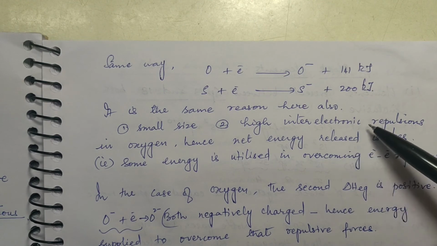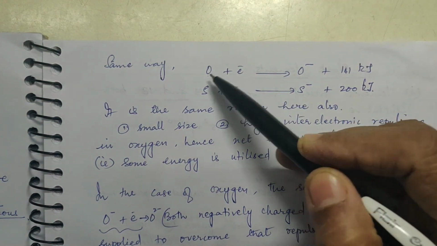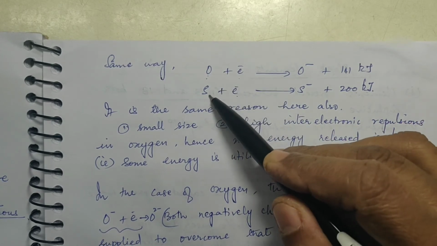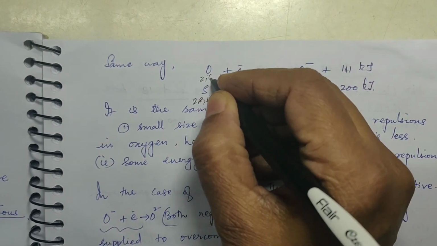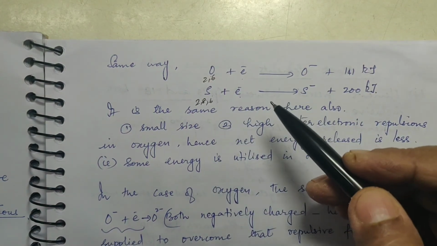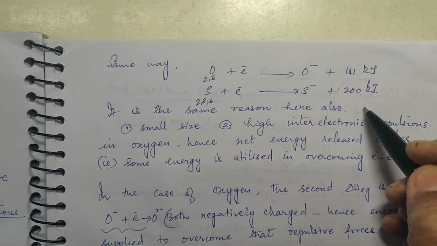The same reason applies here also. The electron is going to a smaller sized atom, so this will face much more repulsion than this electron, which will go to the third shell. Here it is 2,6, here it is 2,8,6. So the repulsions are less because of bigger size, and hence the amount of energy released is more.